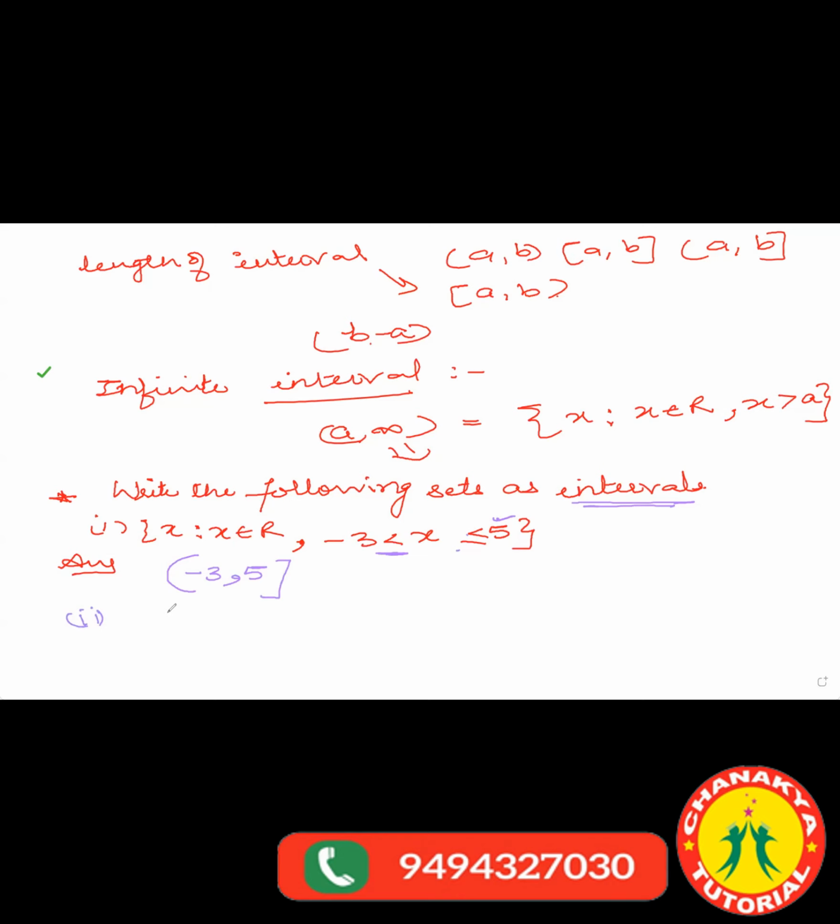Dhanunjay? Yes, ma'am. Clear. Okay, just form the interval x such that x belongs to real numbers and -5 less than x less than -1. Tell me. Just focus on the sign.